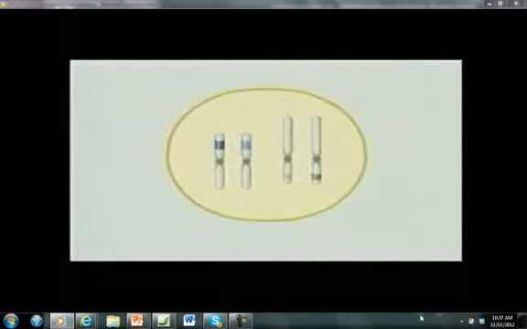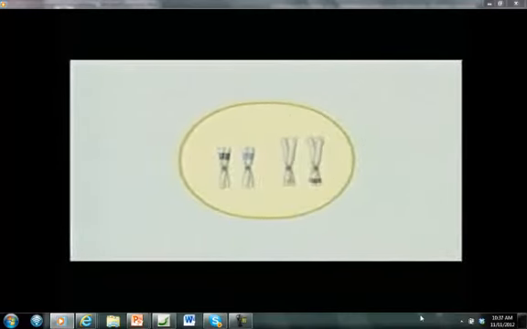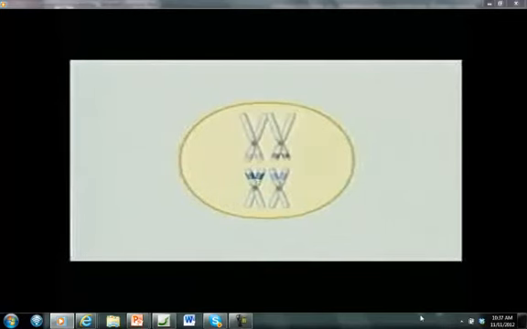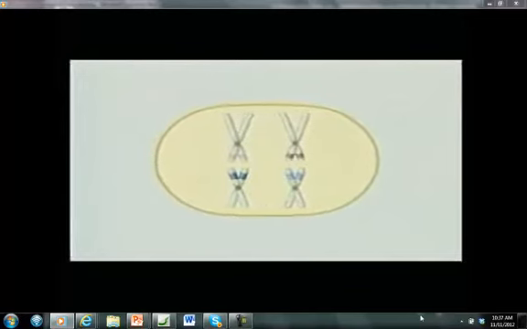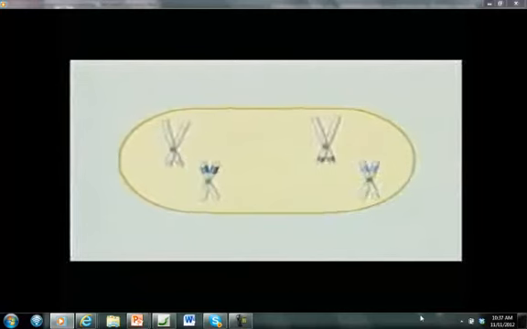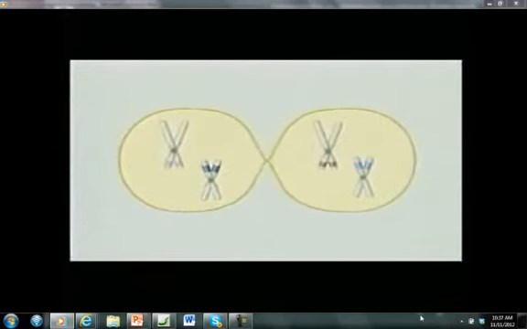Now consider what happens in meiosis. The chromosomes replicate. In metaphase 1 of meiosis, homologous pairs of chromosomes move to the middle of the cell. In anaphase 1, the homologous chromosomes are separated and pulled to opposite ends of the cell. 2 haploid daughter cells are formed.